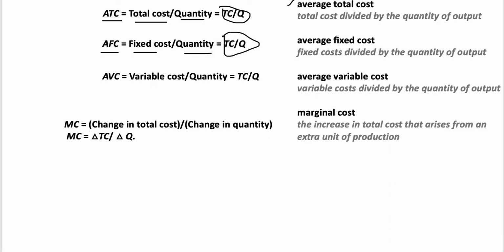Average variable cost is the variable cost divided by quantity, and marginal cost is the change in total cost divided by the change in quantity. I'm sure everyone knows the sign of change. So marginal cost is change in total cost divided by change in quantity.